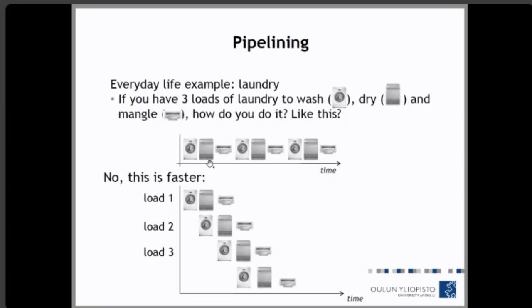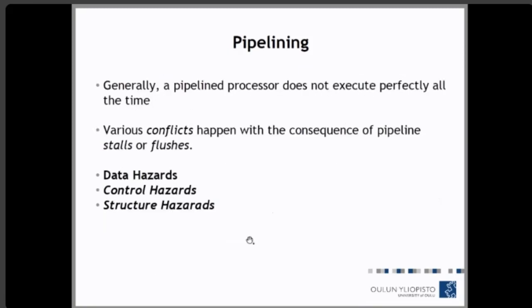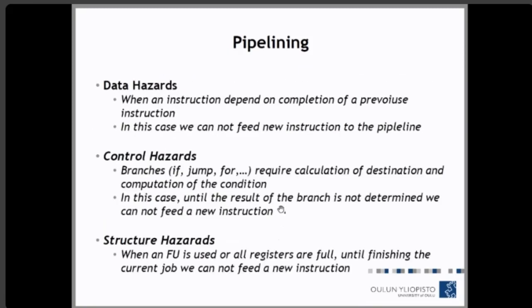I mean, each of these wash, dry, and mangle stages finishes in the same time frame. But in reality, washing takes 2 hours, drying takes half an hour, mangling, let's say, takes 20 minutes. So the times can overlap. So it's not this perfect pipeline. So that will result in structural hazard.